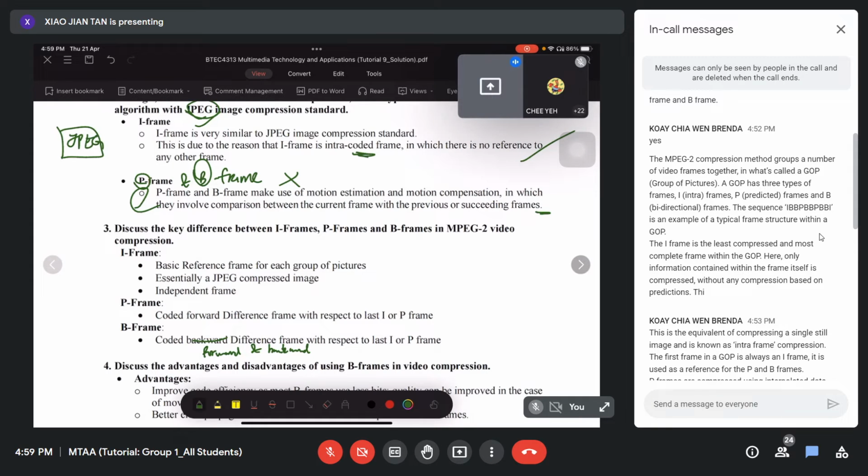Is that the complexity of the video increases? Okay, as I mentioned, B frame and P frame only code the difference between the reference frame. So the storage required to store these differences is very low.